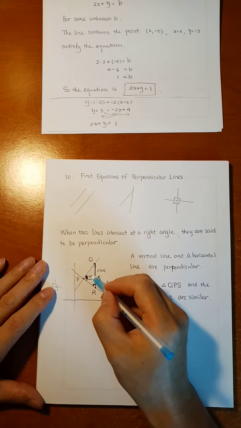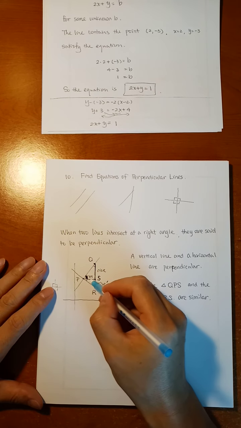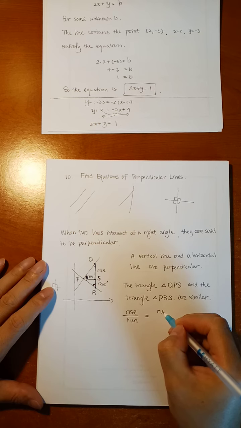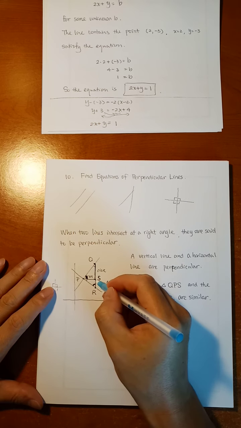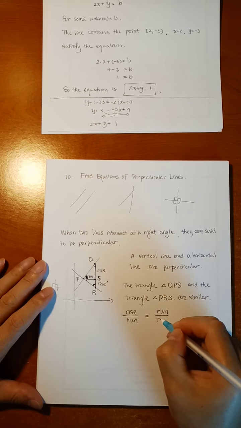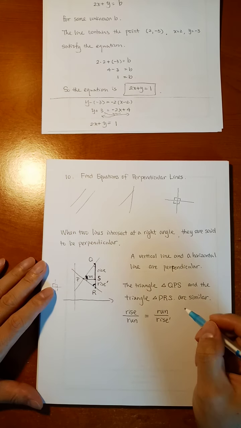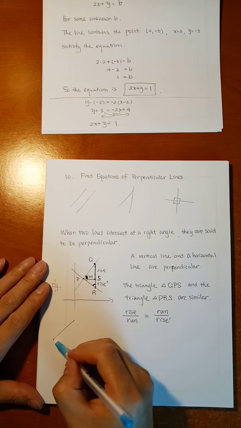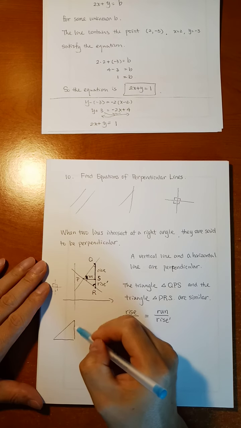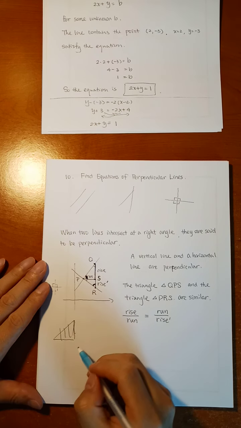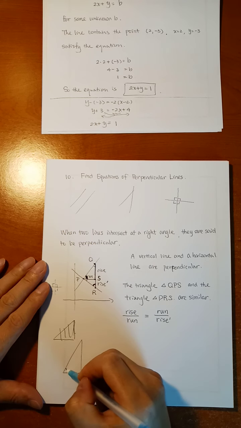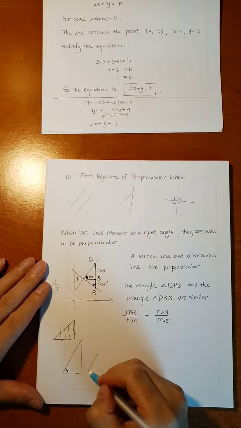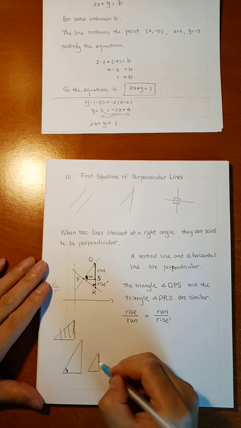So it has the opposite, which is the run. The opposite is this part, and rise is adjacent. Whenever you have a right triangle, you have some other similar right triangle.